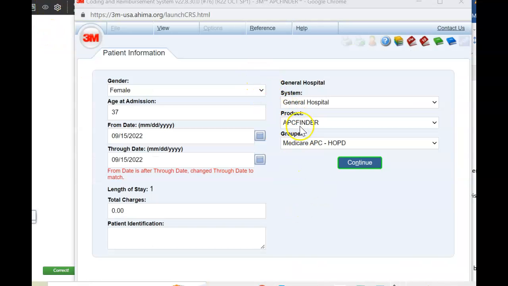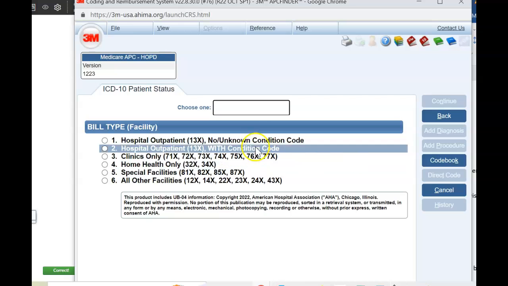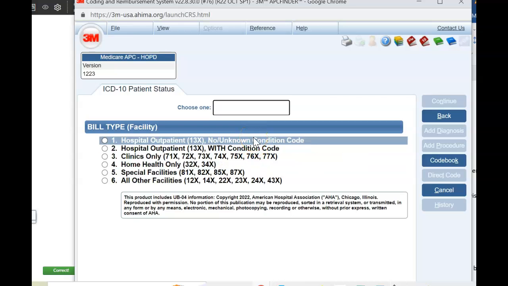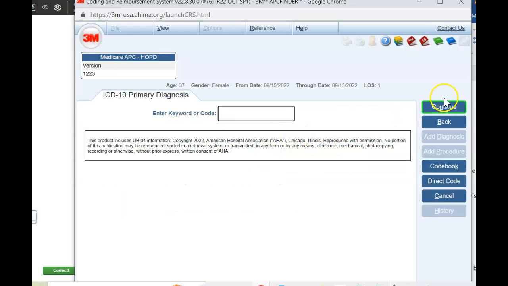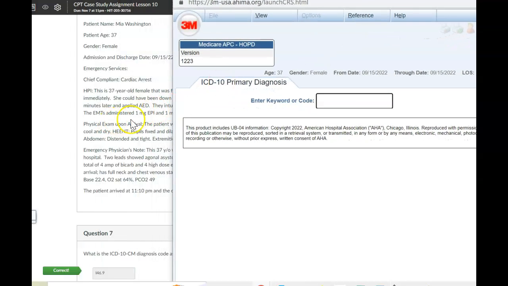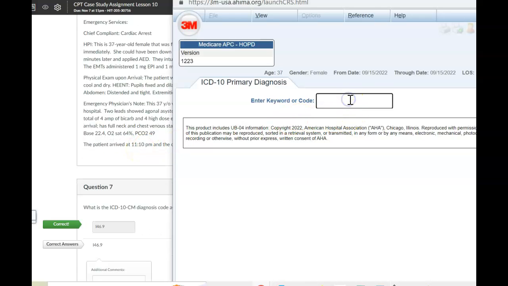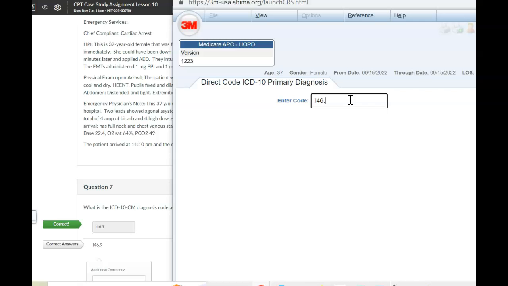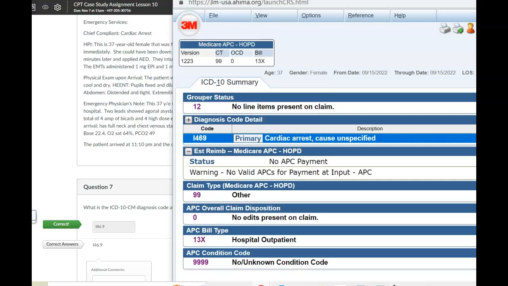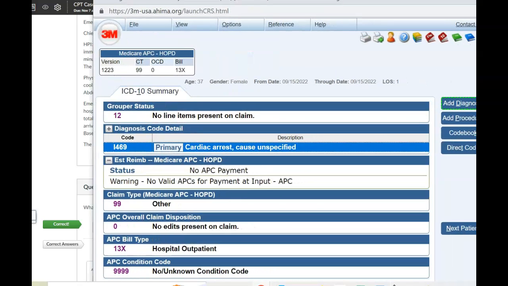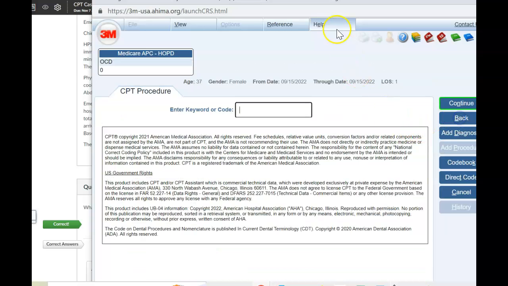Okay, so here again, APC Finder, female 37. I have my dates 9:15 to 9:15. We have a hospital outpatient number 1. So with this, I need to put in my first code, which is going to be the I46.9 cardiac arrest. Okay, and then I'm going to go ahead and put in my procedures.